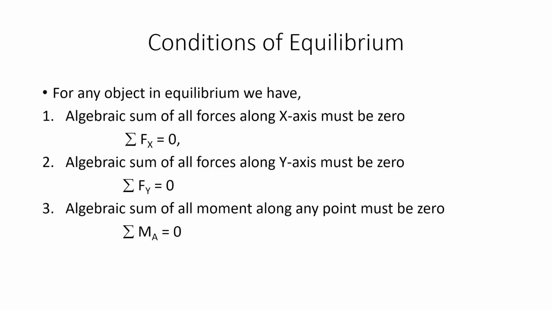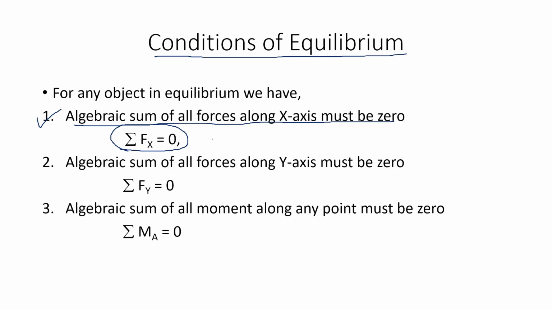Let us understand in detail when I can say that a particular body is in equilibrium. For that I have to define the conditions of equilibrium. The first condition is that the algebraic sum of all the forces along the x-axis must be 0. All the forces acting along the x direction must give their algebraic sum as 0.